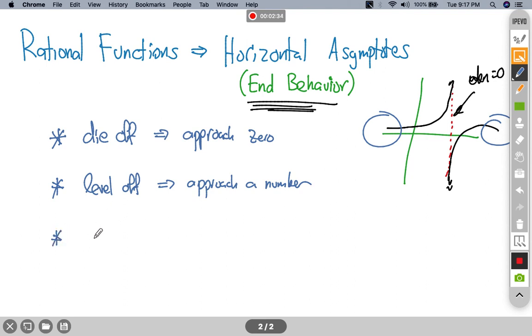And then we're going to have goes to infinity. To infinity and beyond. And we could be plus or minus. So this is going to be like a polynomial.